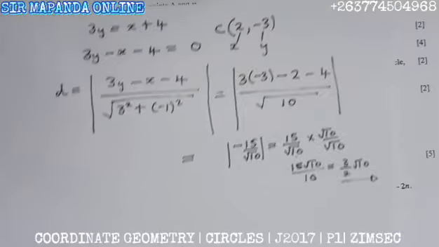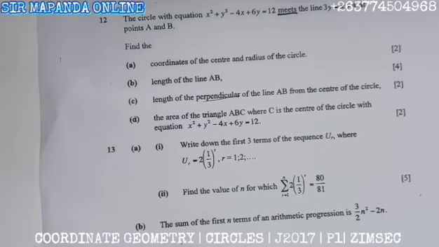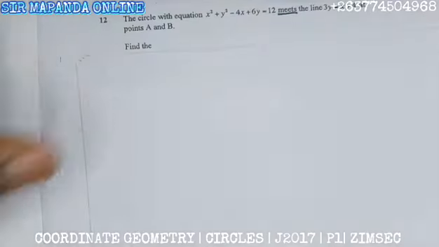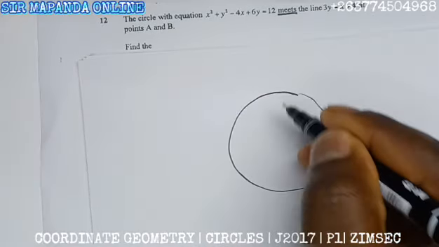We move on to part D. Find the area of the triangle ABC where C is the center of the circle with the equation x squared plus y squared minus 4x plus 6y equals 12. Right, so we are using the same equation of the circle. So let us make a sketch here.